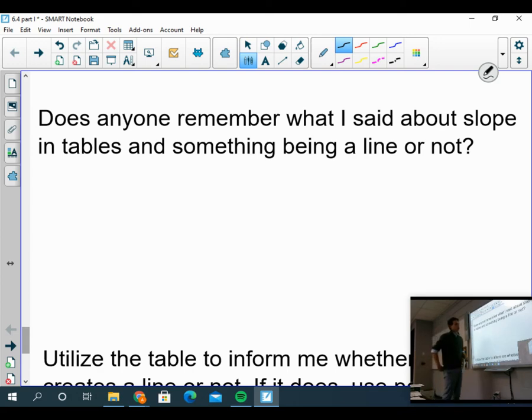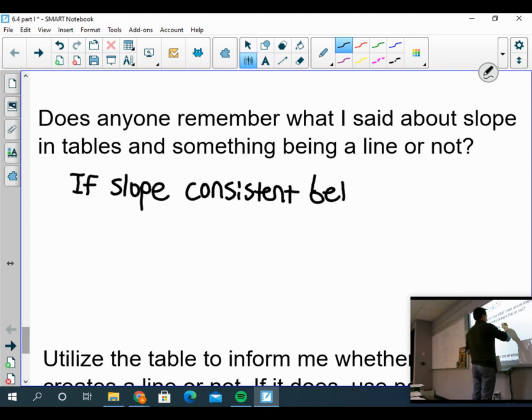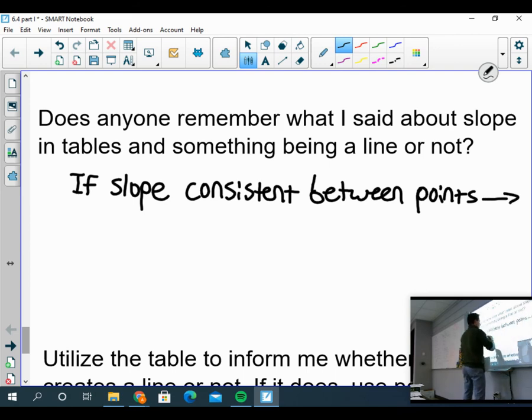Okay, now that you've thought about it, what I hope you remember is that if the slope is consistent between points, it is a line.